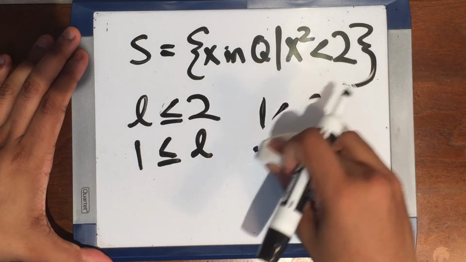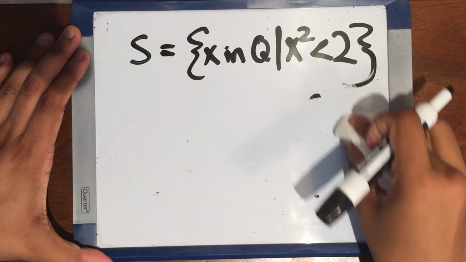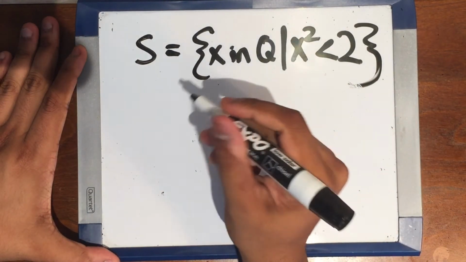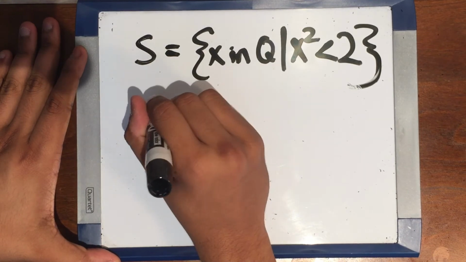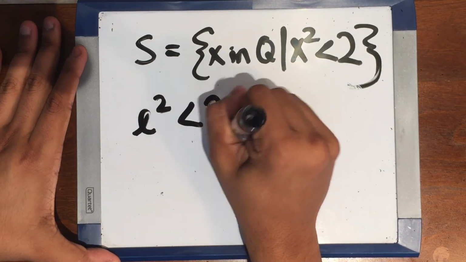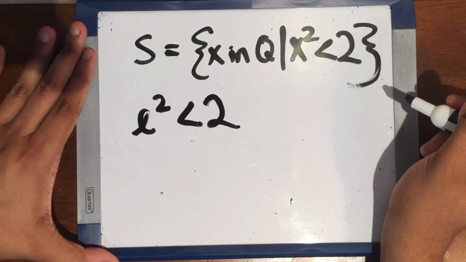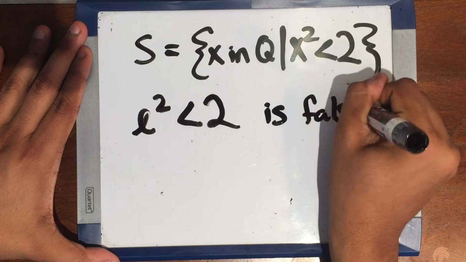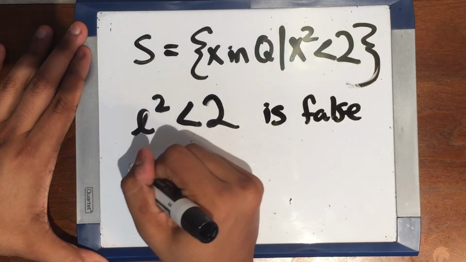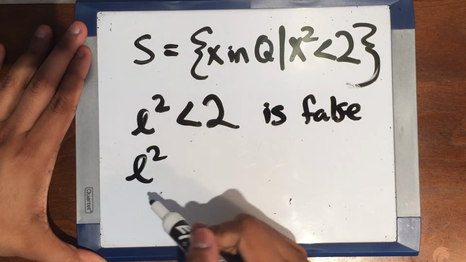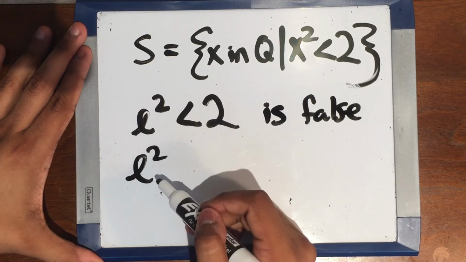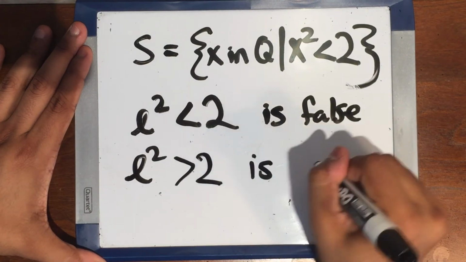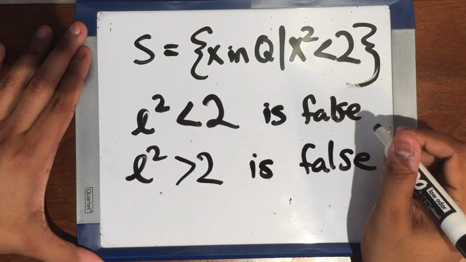So to contradict that there exists a least upper bound, we have to show that there exists some L squared less than 2 is false. Then we have to show that there's some L squared greater than 2, and we have to show that this is false.